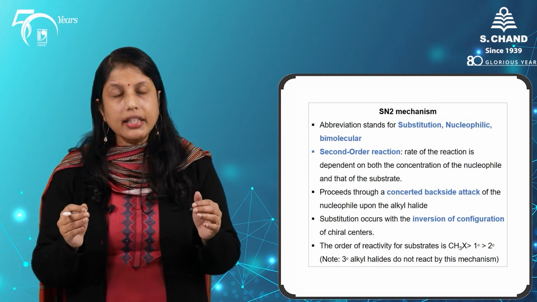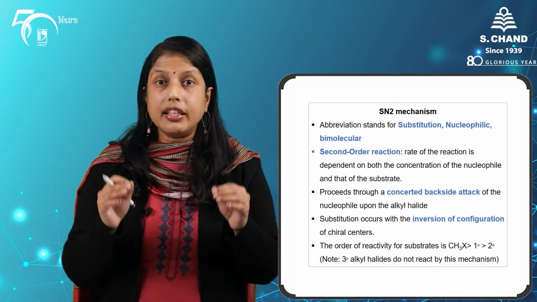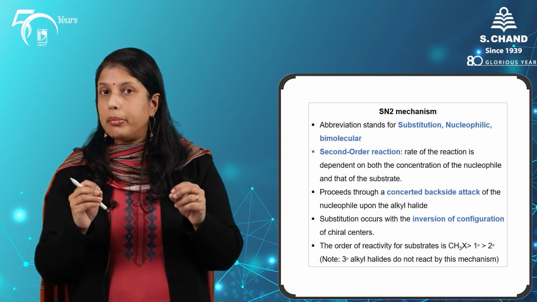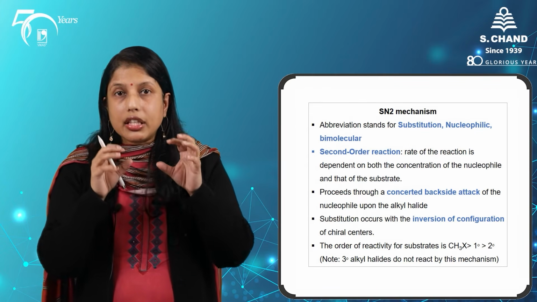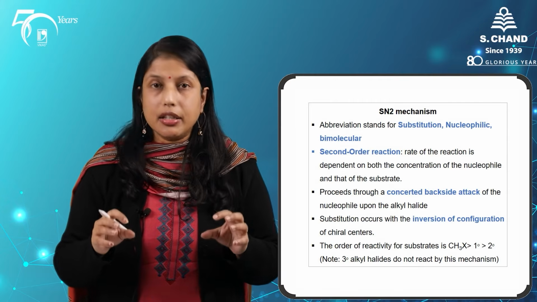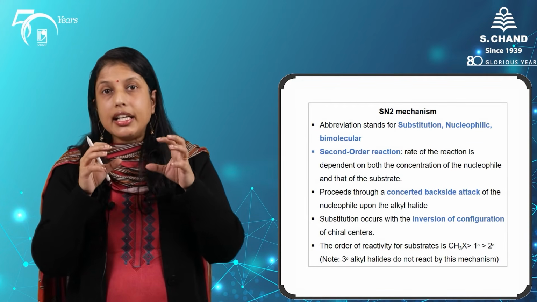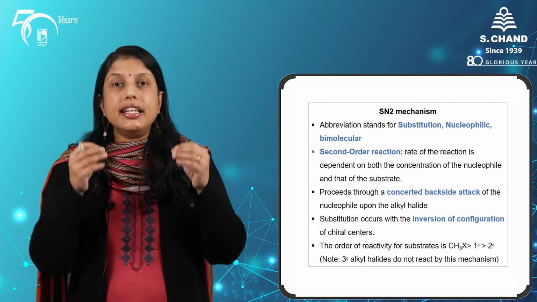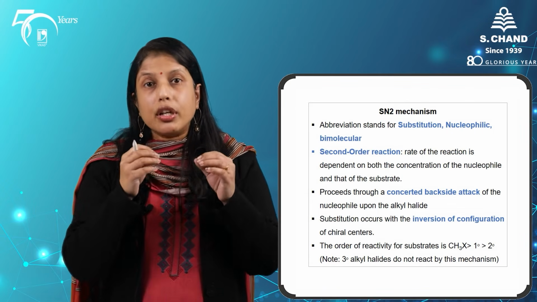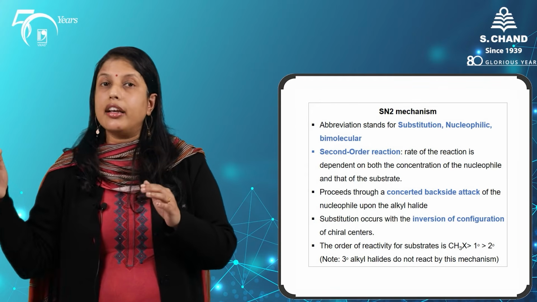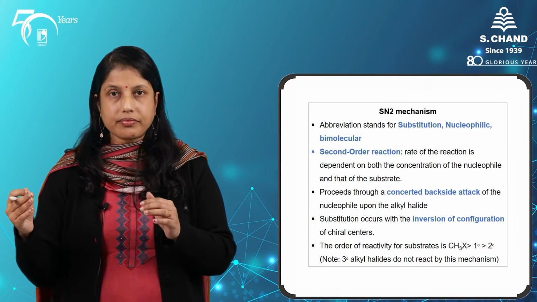And why is that? That is because of steric hindrance. The tertiary alkyl halides, remember, contain 3 bulky alkyl groups. And due to the presence of these 3 alkyl groups, it is impossible for a nucleophile to approach and carry out the reaction.